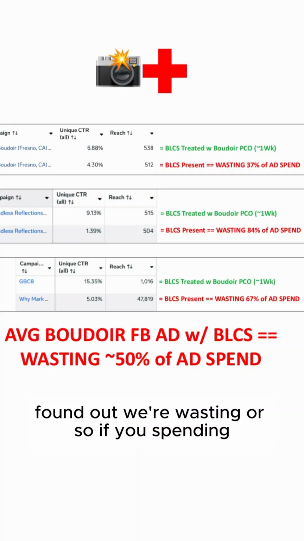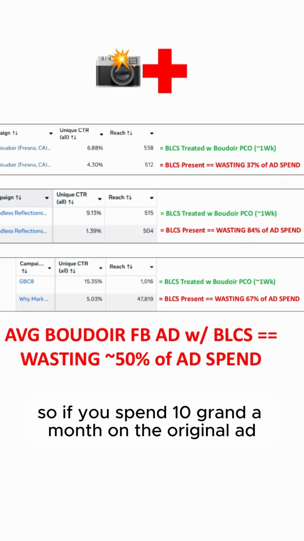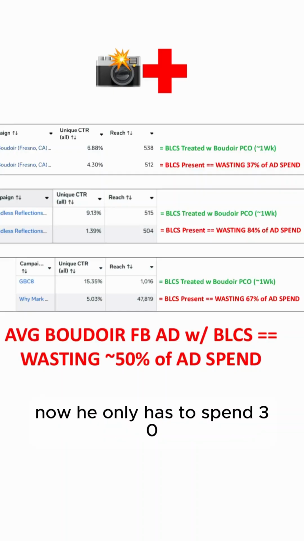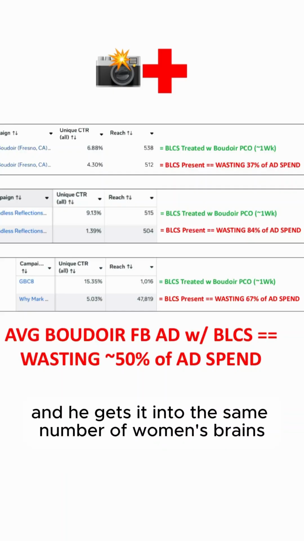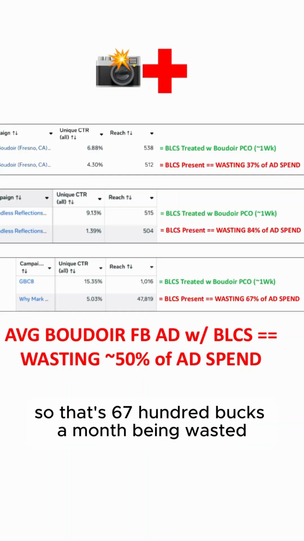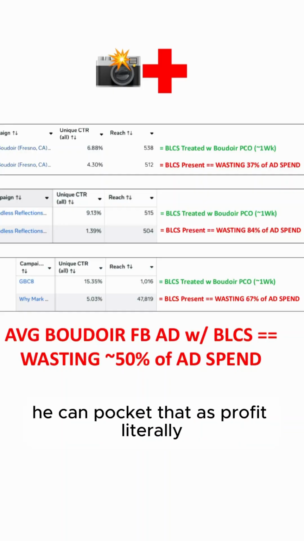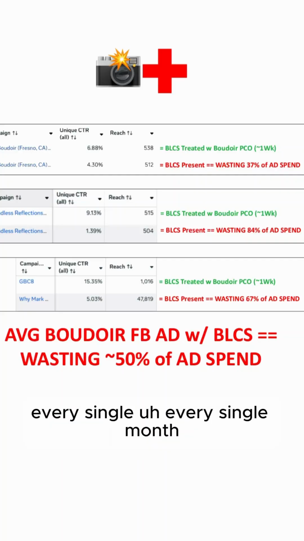So we found out he was wasting 67% of ad spend on that original ad. So if he's spending 10 grand a month on the original ad, now he only has to spend $3,300 a month on the Boudoir Pico treated ad, and he gets it into the same number of women's brains in both scenarios. So that $6,700 a month being wasted, he can pocket that as profit, literally every single month.